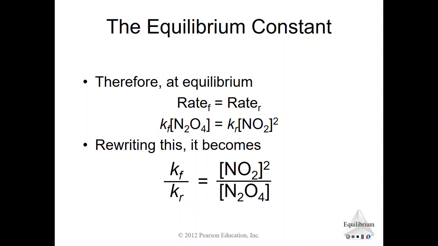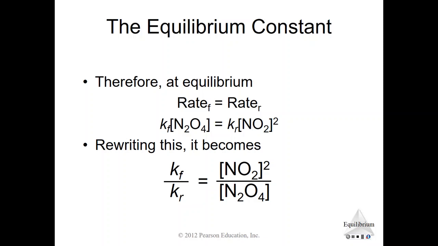So a more simplistic way to write this is K is going to be equal to the concentration of the products taken to their coefficients over the concentration of the reactants taken to their coefficient. You need to know that like you know how to add 2 plus 2.